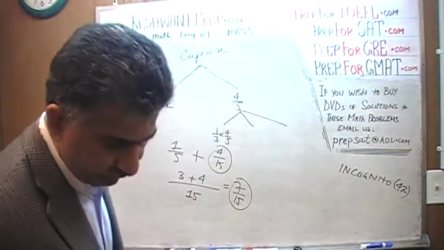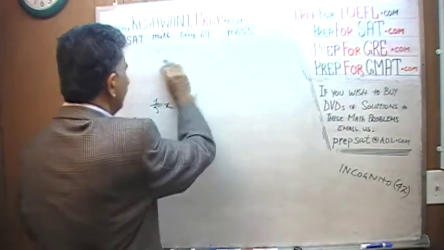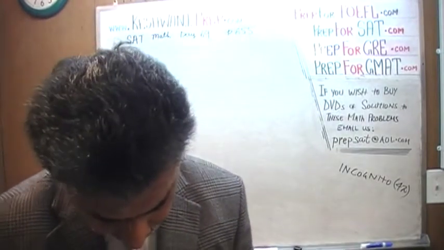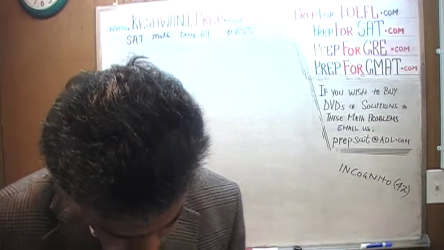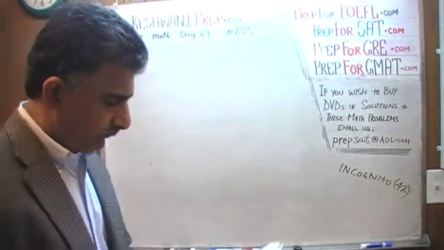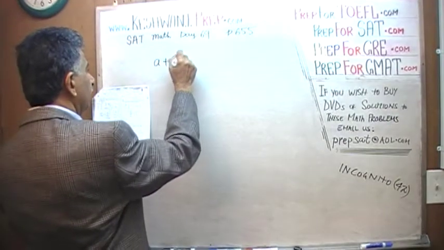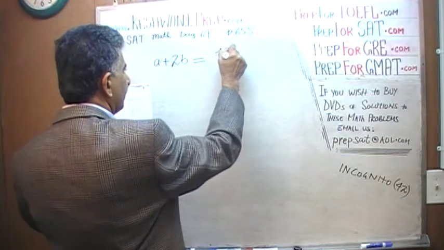Let's go to the next page, number 16. In number 16 they say, if a plus 2b equals 125%.